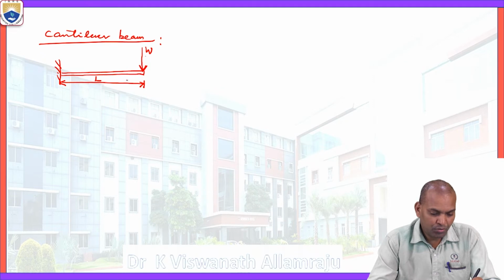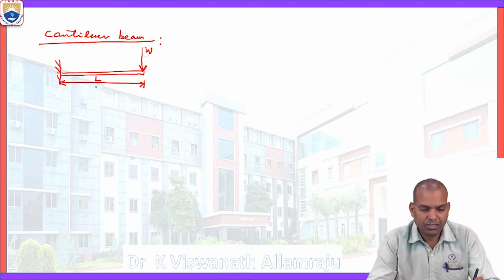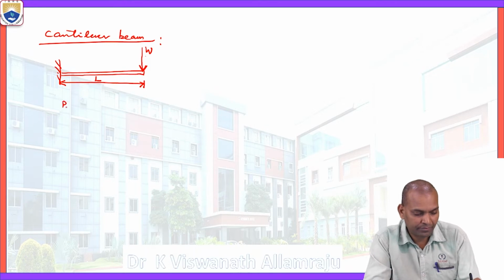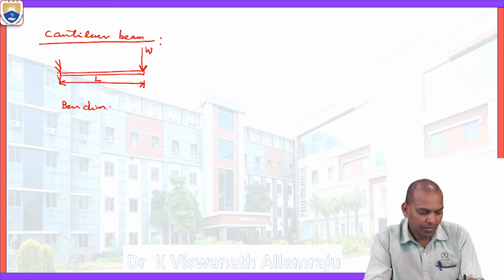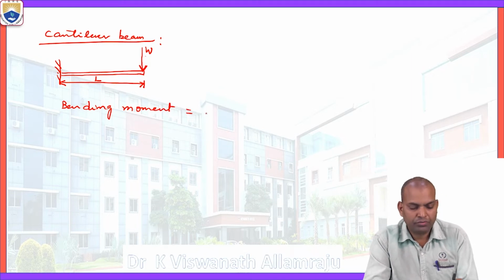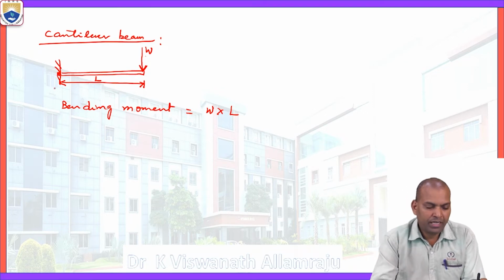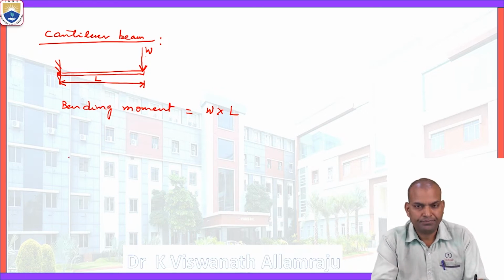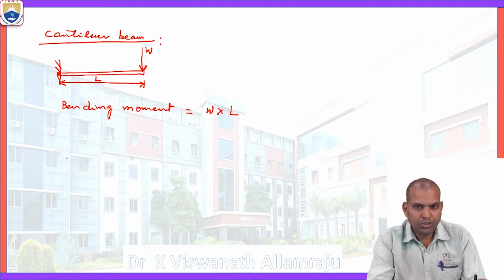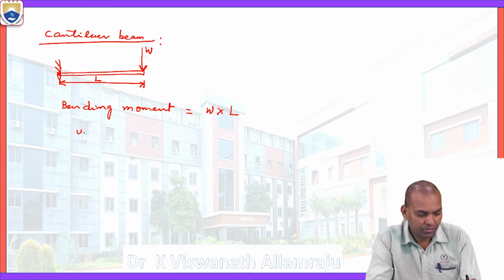Force W times the perpendicular distance L, the W times L, is known as a bending moment. Bending moment equals force, that is the load W, times length L. That is the bending moment at the fixed point. Then what is the unit of bending moment?